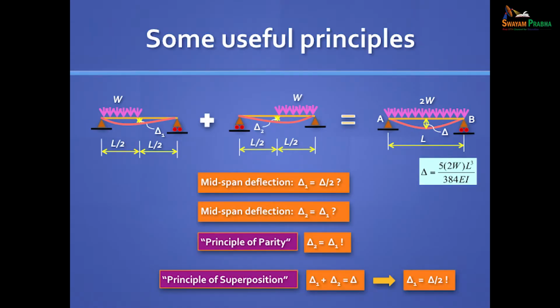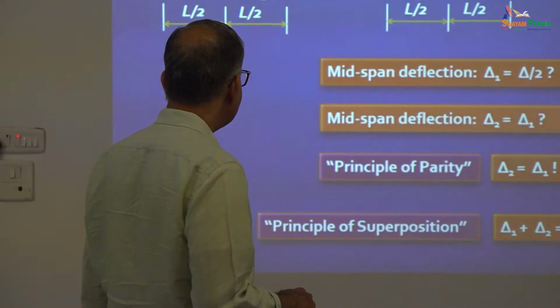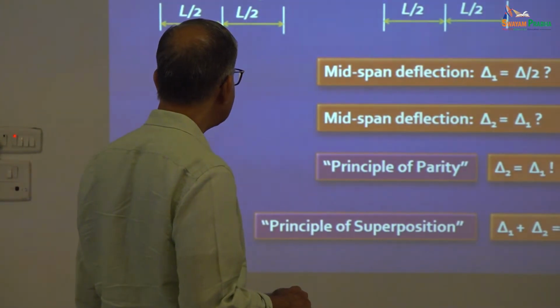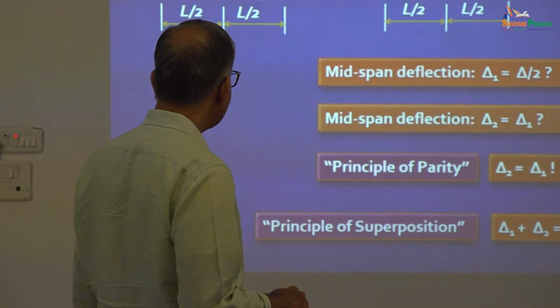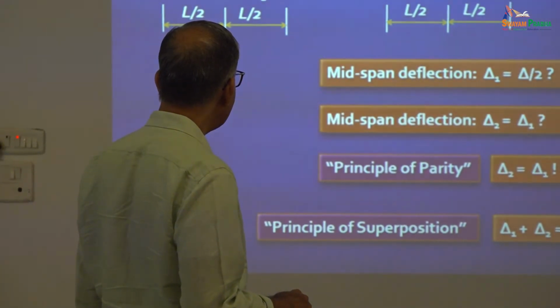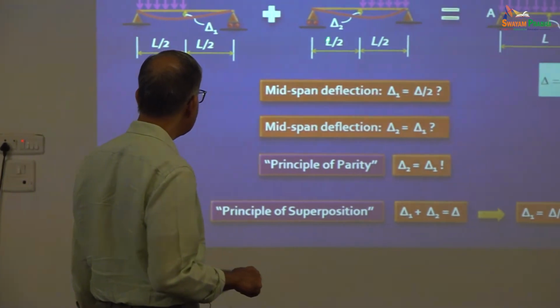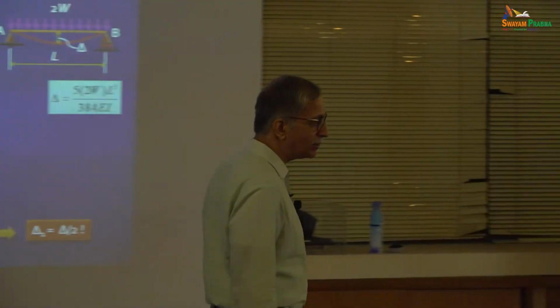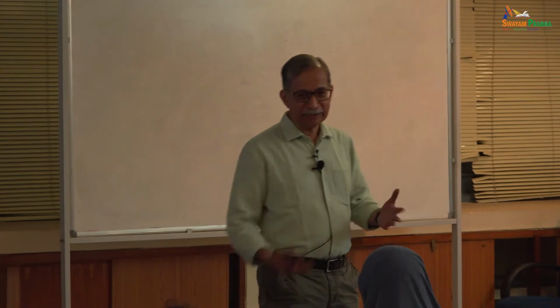Okay, so I think we looked at this in the last class. We talked of the principle of parity, and we said that if you apply the principle of parity, you can say that the deflection in this beam at the midspan when the left half is loaded will be equal to the deflection when the right half is loaded, because you're actually measuring the same deflection viewed from two sides, right?